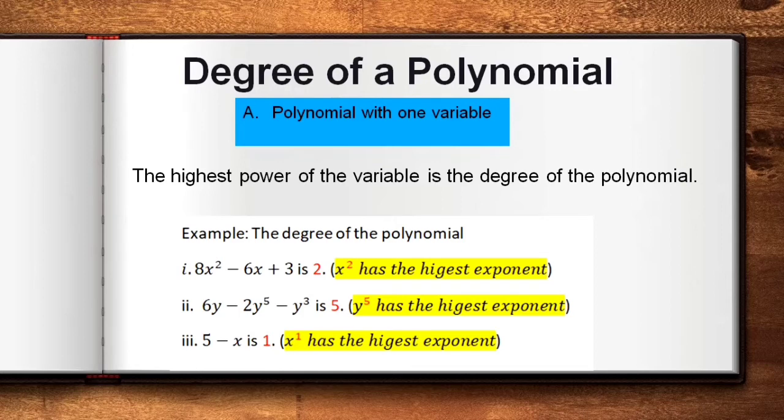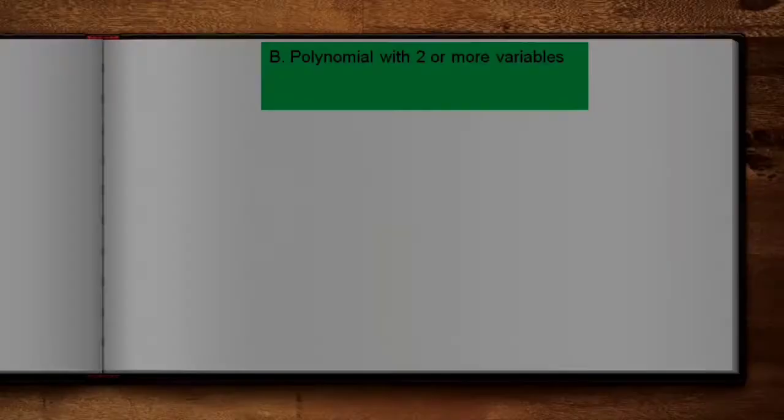The second example, 6y minus 2y to the power of 5 minus y cube. Here y to the power of 5 has the highest exponent value, which is 5. Therefore, the degree of the polynomial is 5. 5 minus x. x to the power 1 has the highest value. So 1 is the degree of this particular polynomial.